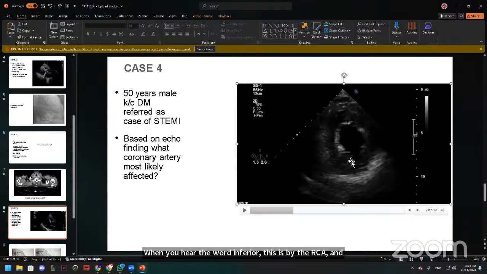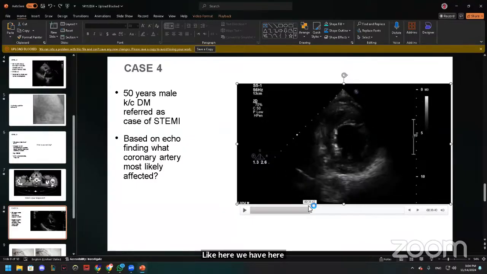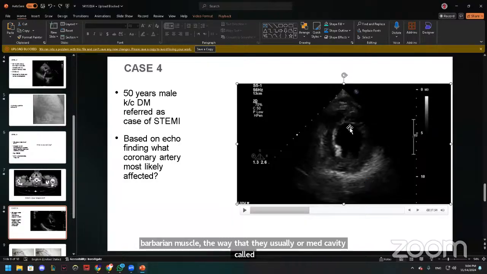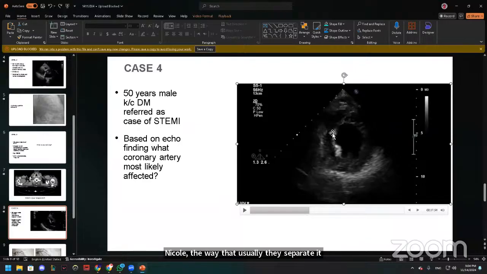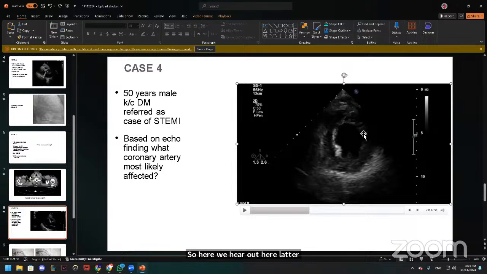So for example, here we have the level of the papillary muscle, or mid cavity. The way they usually separate it is: this is the anterior, this is the anterior septal, this is the inferior septal, this is inferior lateral, anterior lateral. So here I hear two words, anterior and lateral.